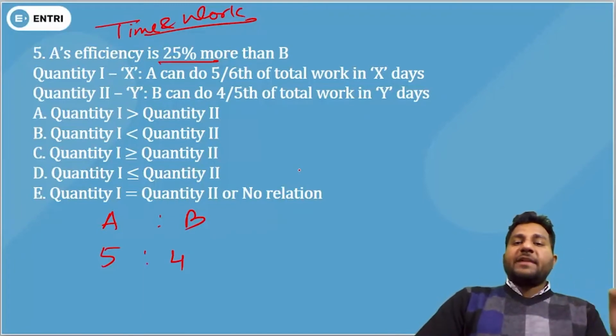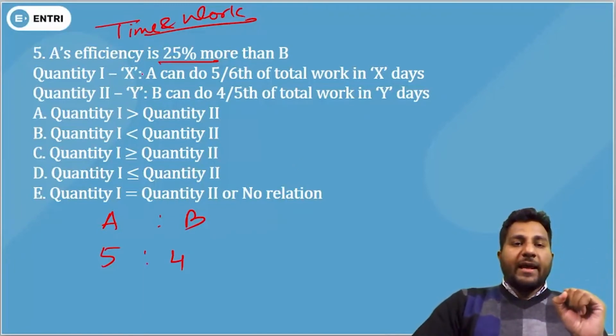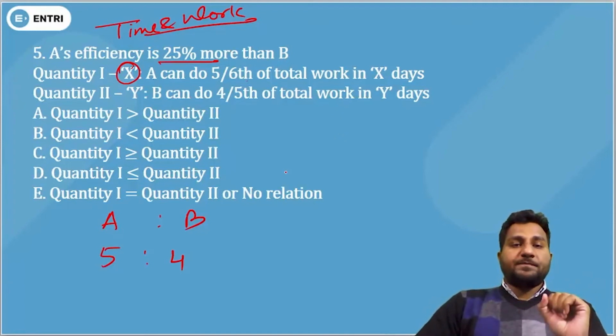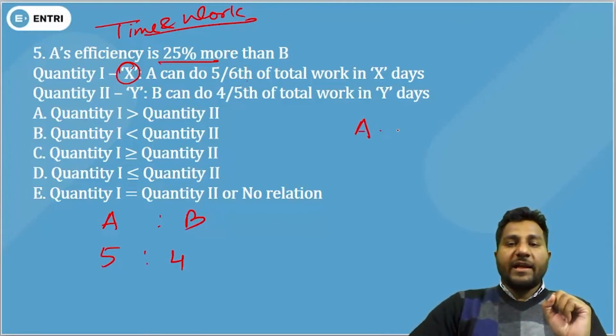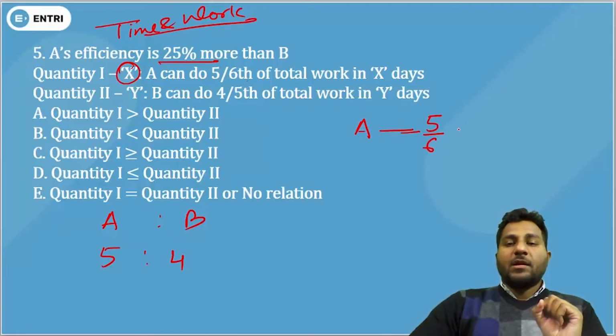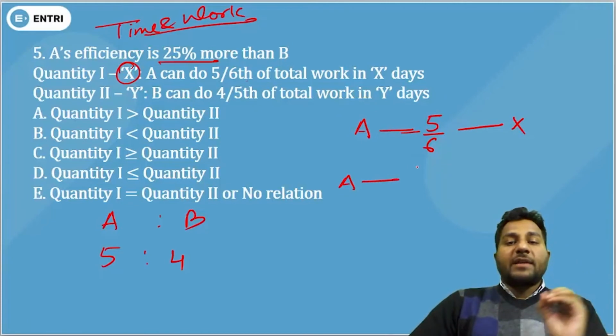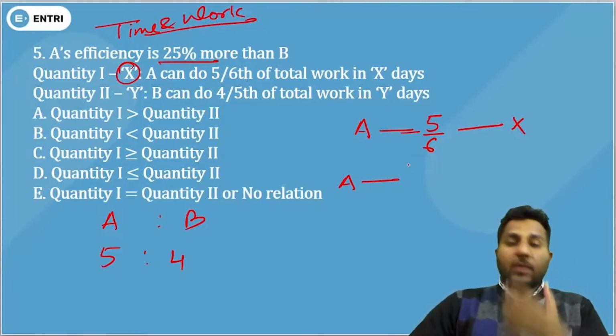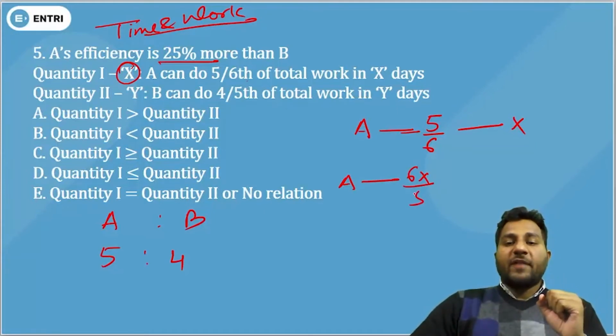Now it started with quantity 1, x, that means A can do 5/6 of the total work in x days. So A's total days taken to complete the whole work will be 6x by 5.